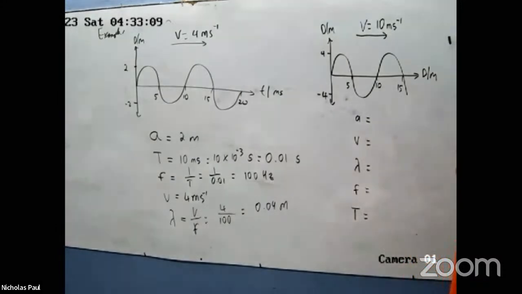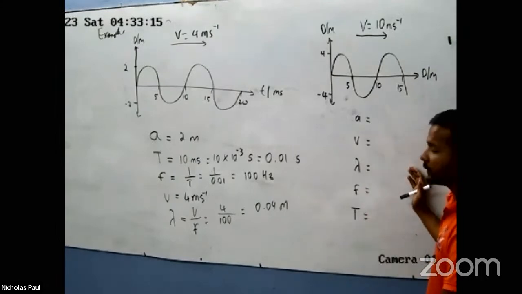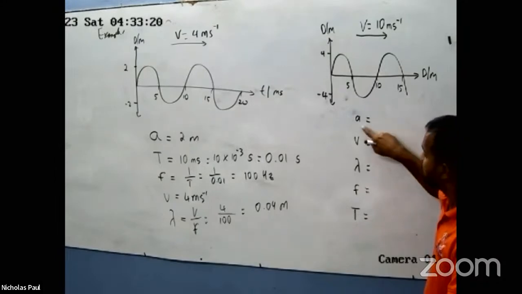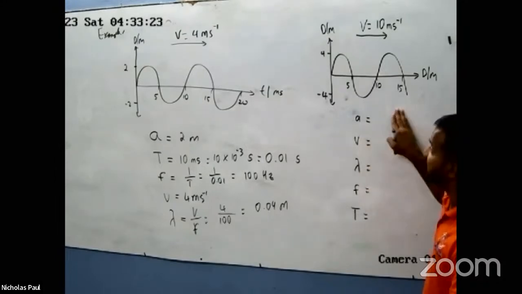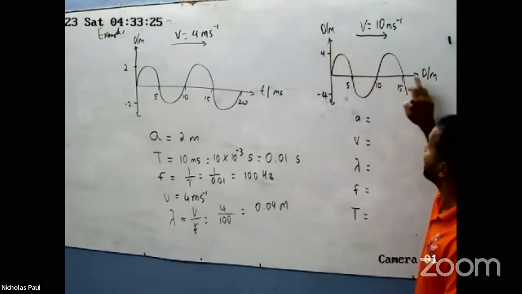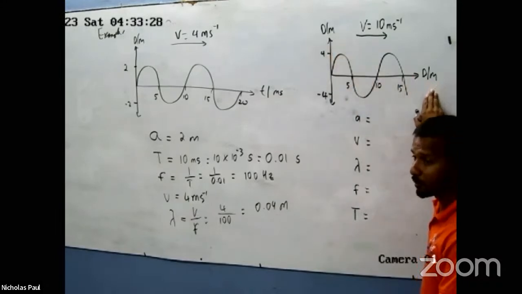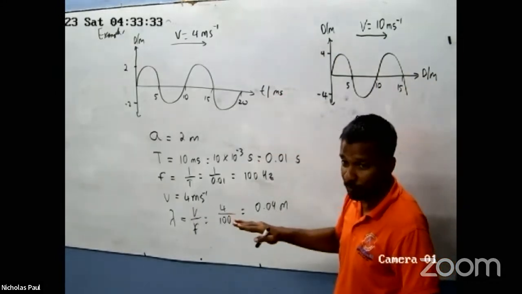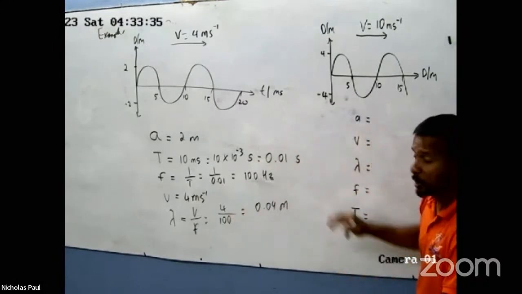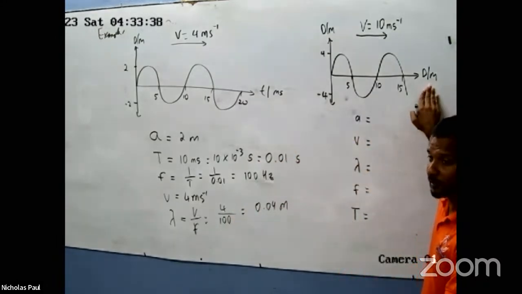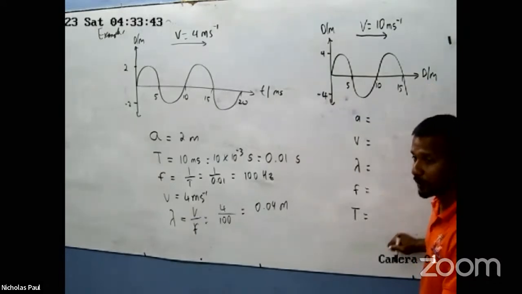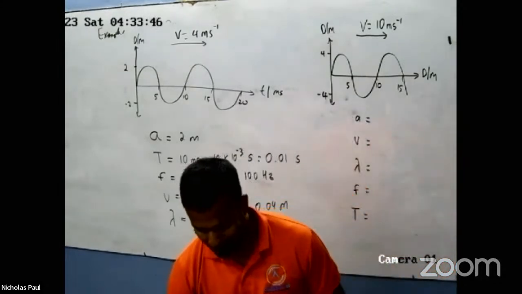Try this here. I gave you a small hint. If you look here, the hint really is this. I've told you the order to go in. This is a different graph. This is a displacement versus distance graph, so you cannot read off time. You can only read off a distance from this graph. I gave you a little hint of the order to work in. Take your time.